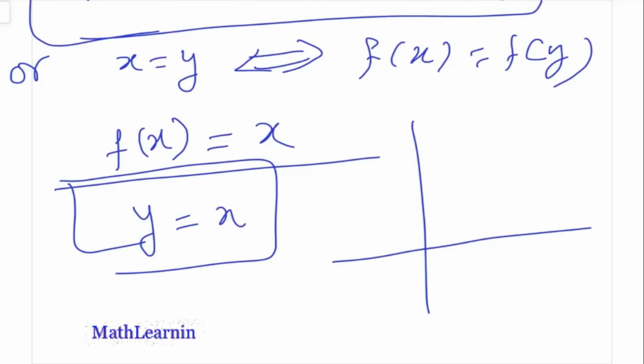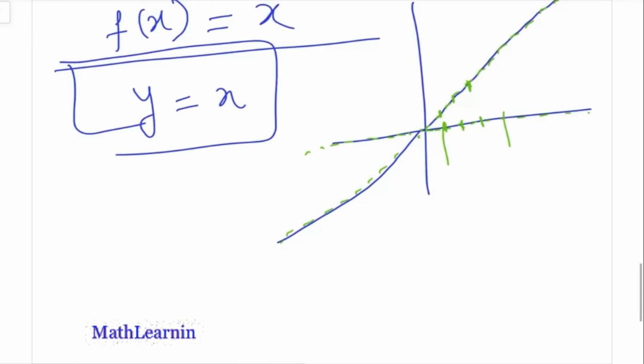Now you see that for every point the value of the function is this, for this point the value of the function is this. So if you take any two distinct points, they are not going to one point.